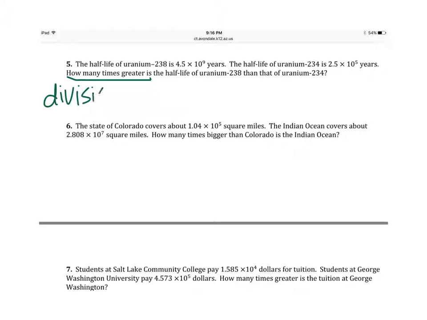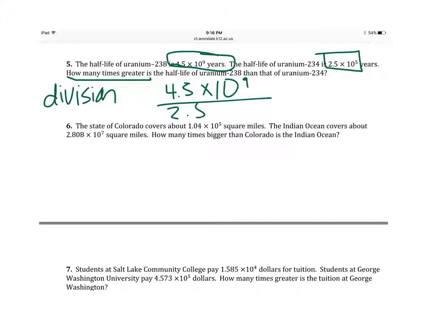We've got to figure out what did they multiply by, how many times greater. And we're going to have uranium 238 on top and uranium 234 on the bottom, 4.5 times 10 to the 9th over 2.5 times 10 to the 5th, divide, and get your answer in scientific notation.